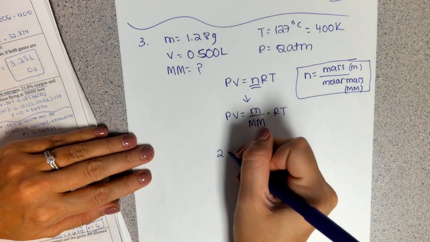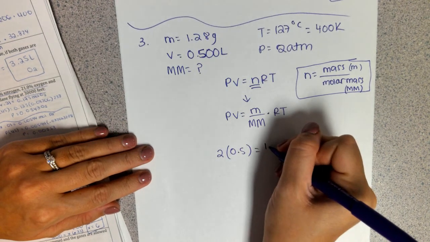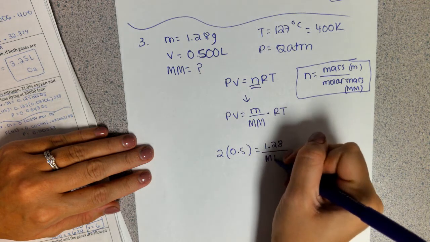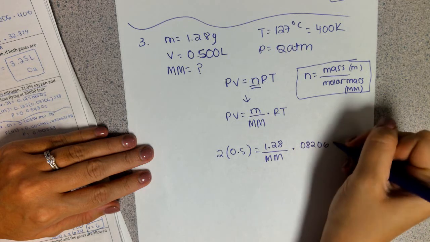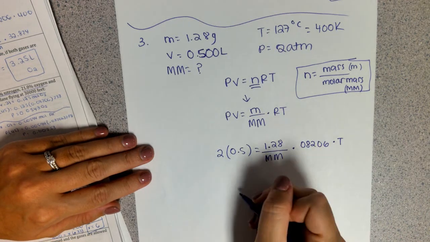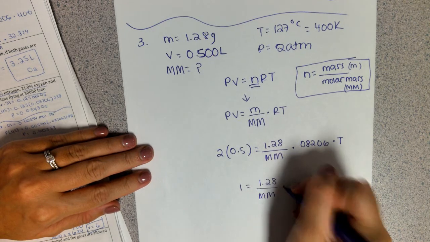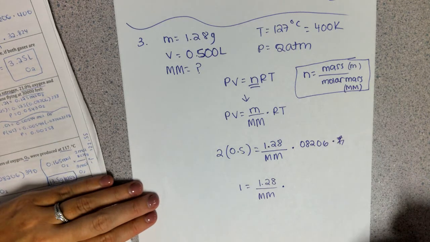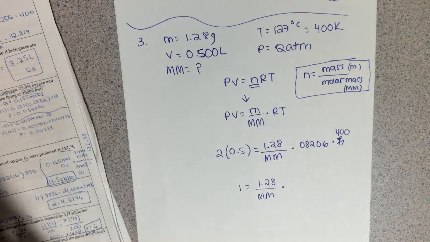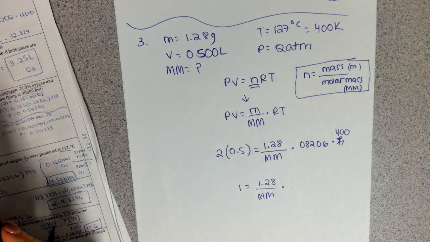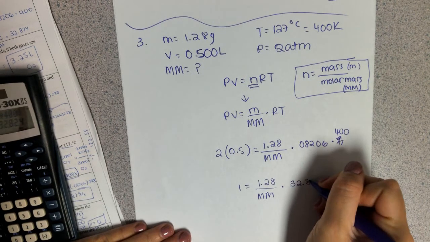So 2 ATM times the volume, 0.5, equals mass, I know, 1.28 over the molar mass times R, 0.08206 times T. So 1 equals 1.28 over MM times, oh, my temperature, I know my temperature, I don't know why I wrote T, it's 400 K. So 0.08206 times 400 is 32.824.